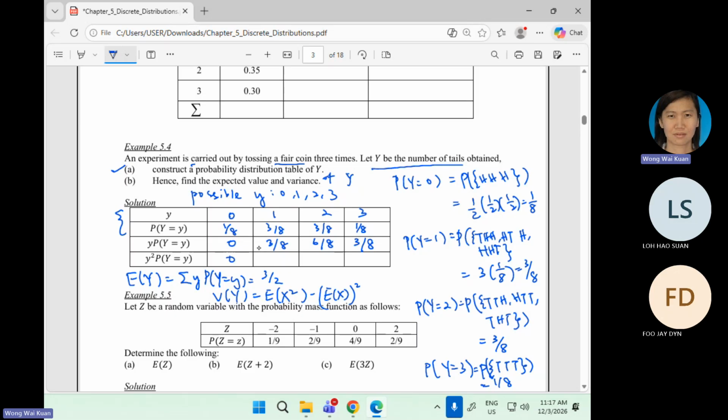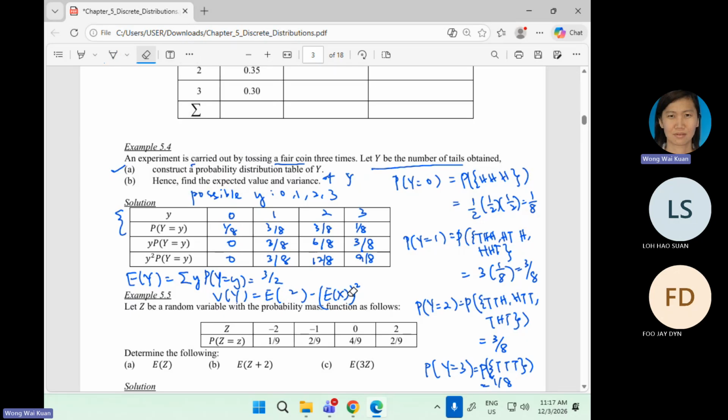Then I have a 0, then this is 3 over 8, then 2 squared is 4, 4 times 3 is 12 over 8, then 9 times 1 is 9 over 8. So what is my E(Y squared)?